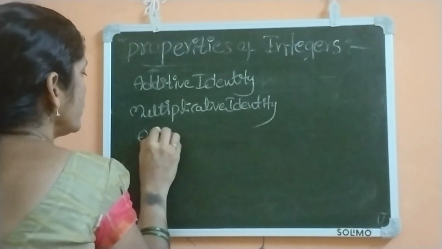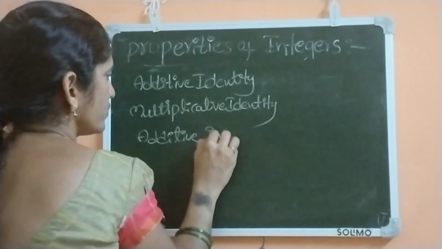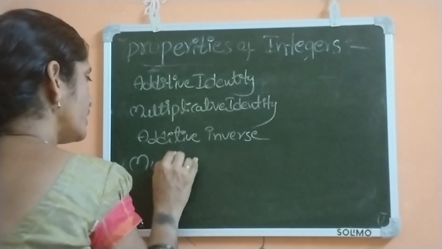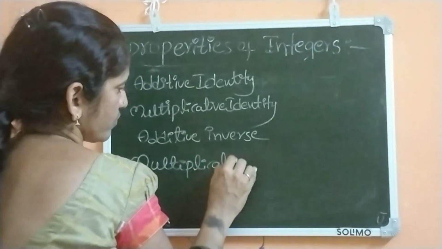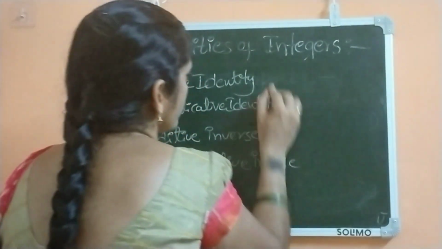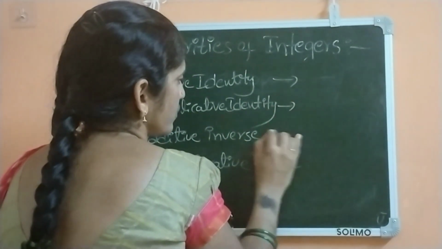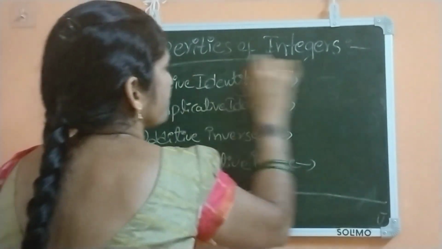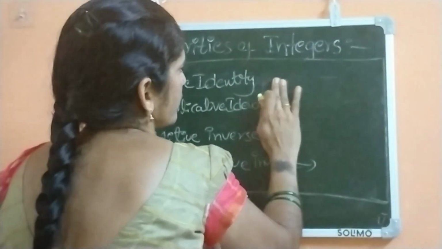Okay, additive identity, next multiplicative identity, next additive inverse, next multiplicative inverse. Okay, so tell me, what is additive identity, what is multiplicative identity, you are going to answer me. Okay, so we are going to frame a table.